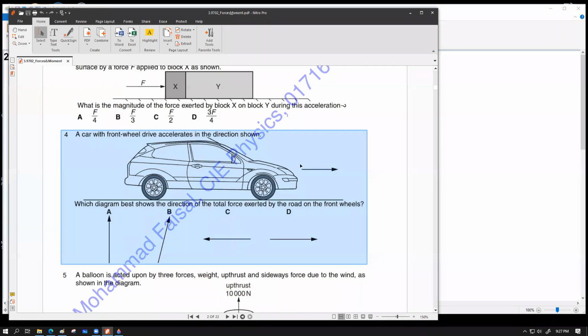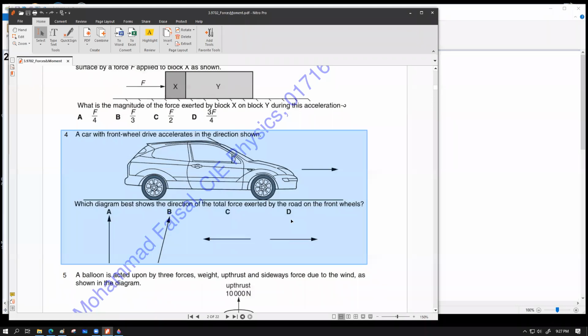So at this point, we're going to have one reaction force vertically working upwards and another reaction force, because of the friction and Newton's third law, working horizontally to the right. Now, if you try to find the resultant of a vertical force and a horizontal force towards the right, your only possible direction of the resultant force is going to be upward right.